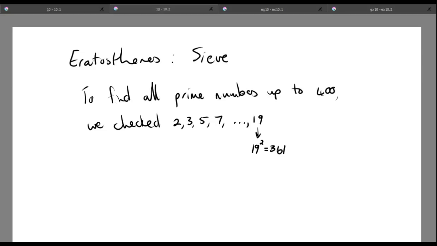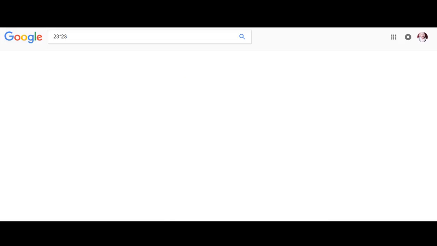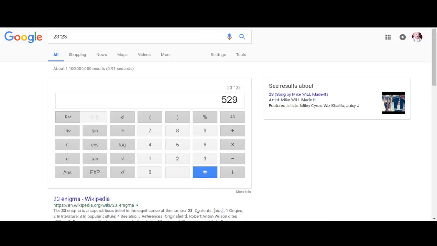Now, the next number in line was 23 squared. And because that is 529, you see here, 529, it's bigger than 400, so we won't need to check it.